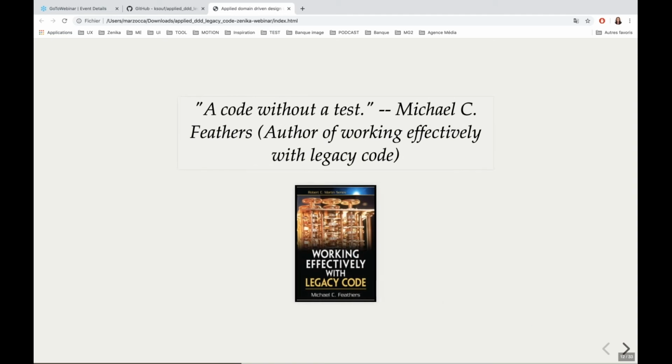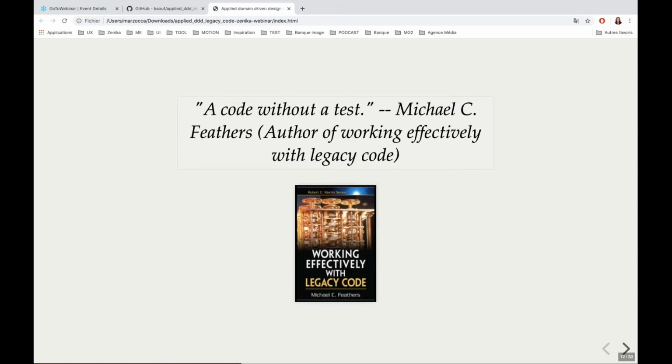This is what Michael Feathers says in his book, Working Effectively with Legacy Code. By the way, if you haven't read the book, you should. It's a must, and it's getting better with time. I know that the examples are mainly in Java and C++, but you can apply the techniques in this book in many languages.